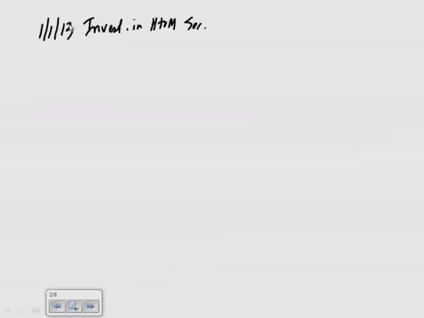And we paid $483,841.79. We paid cash for that investment, and so we're going to credit cash for $483,841.79.